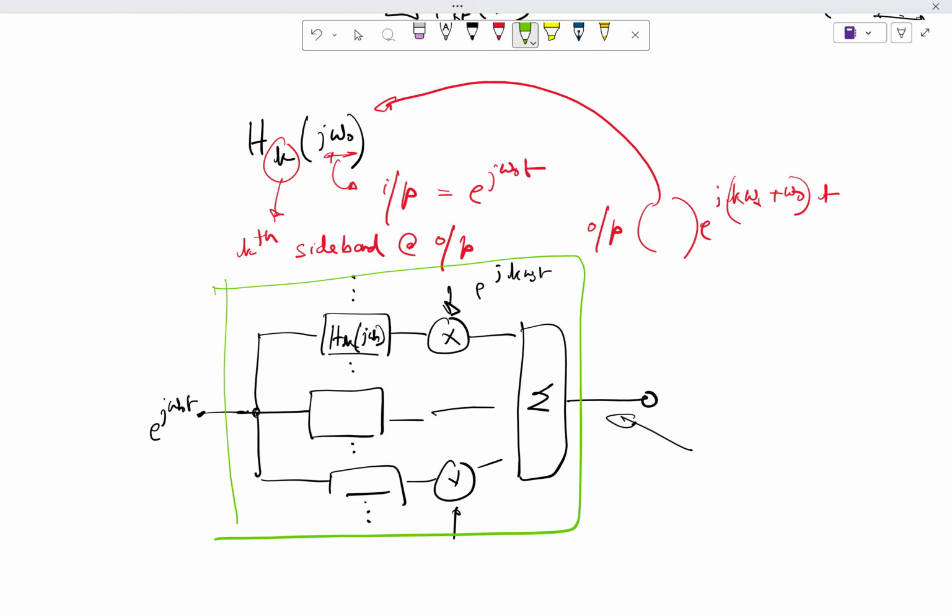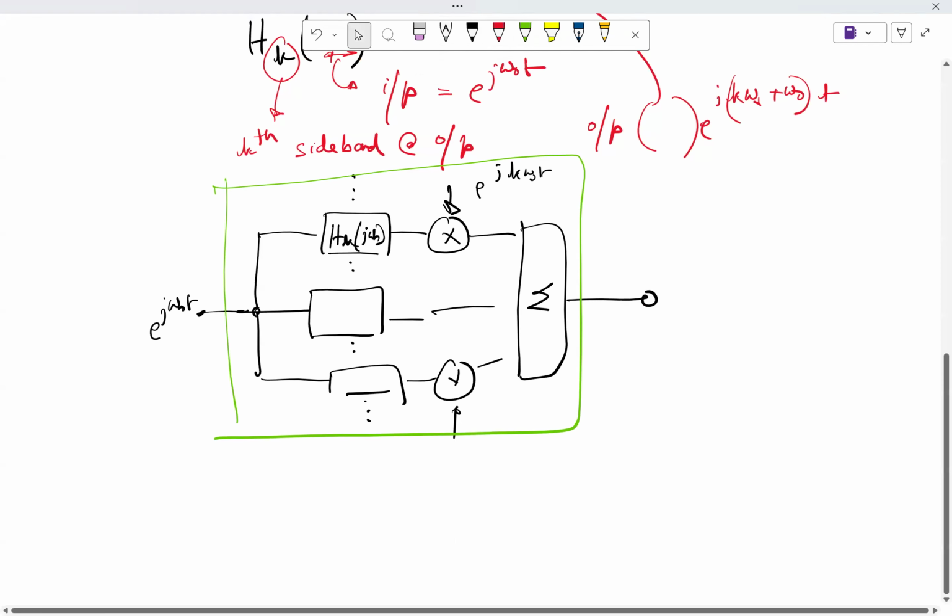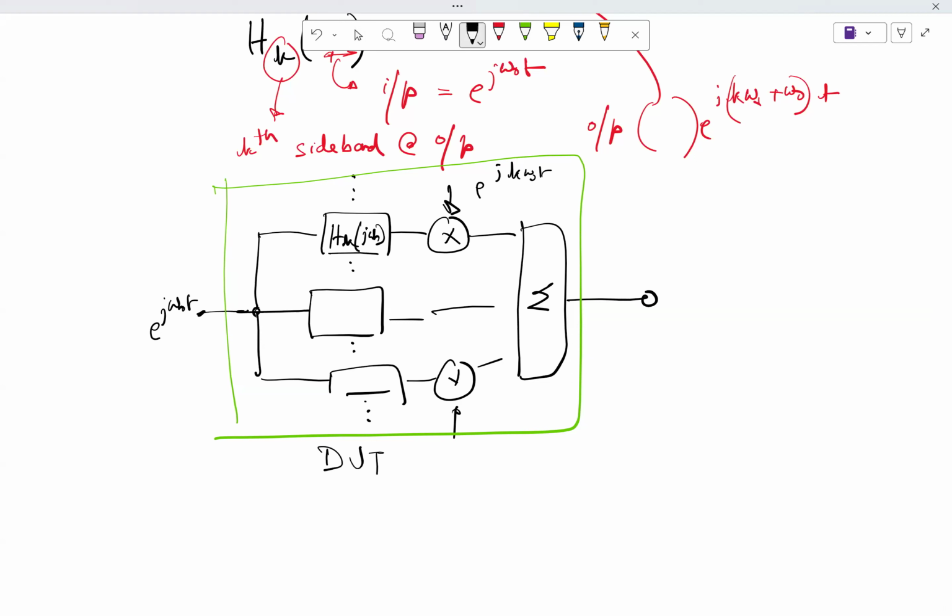So what type of experiment would you run to find out experimentally the value of Hk of j omega naught? Or rather, how would you modify this entire setup? Assume this is the device under test, called DUT, which is a Swiss Starseed network or whatever.